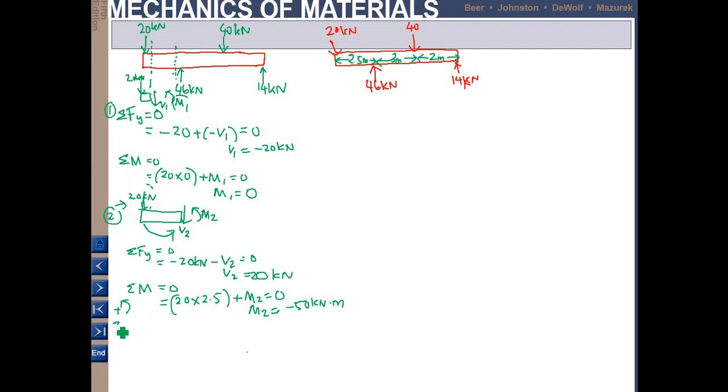Now for point 3. Point 3 is actually here. You sectioned just after point B. So you got 20 kilonewton here, and then you got RB here, which is 46 kilonewton.